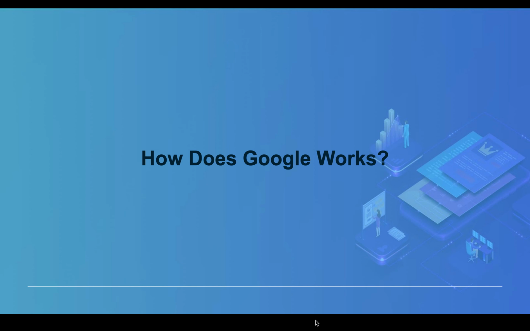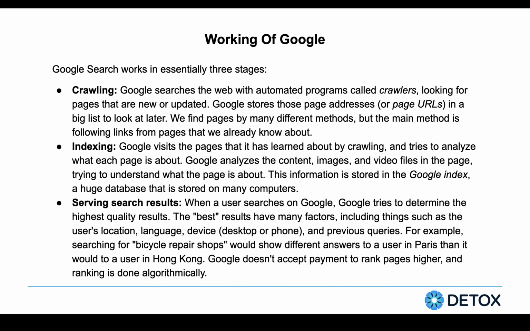our Google search engine works. When we talk about how Google search works, it works in three different stages. First is crawling, second is indexing, and third is serving search results according to the number of hits. When we talk about crawling, Google searches the web with automated programs known as crawlers, looking for pages that are new or updated.